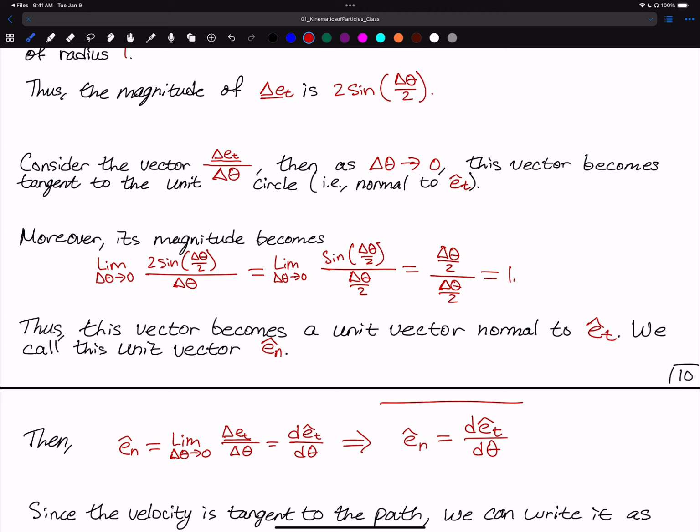That is the definition of the normal vector for the normal and tangential components.